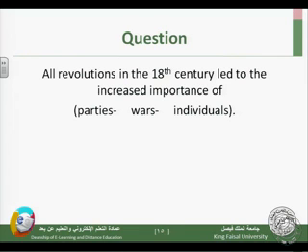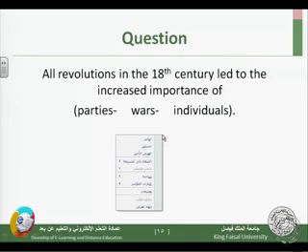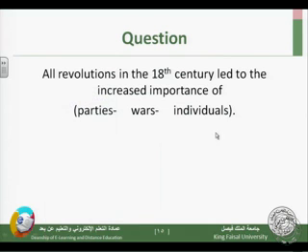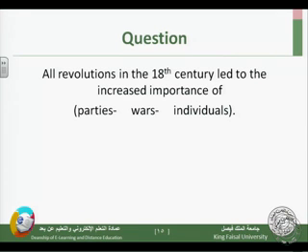So, a question: all revolutions in the 18th century led to the increased importance of parties, of wars, of individuals? Of course, of individuals. So everyone felt very important, and that was the result of the factors that we have studied about the 18th century.